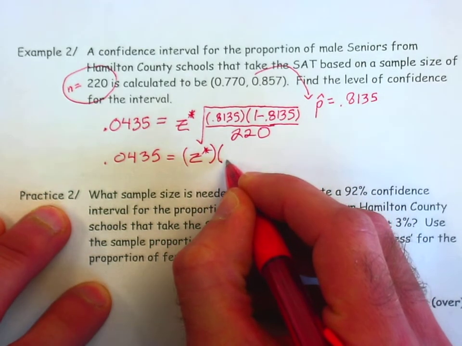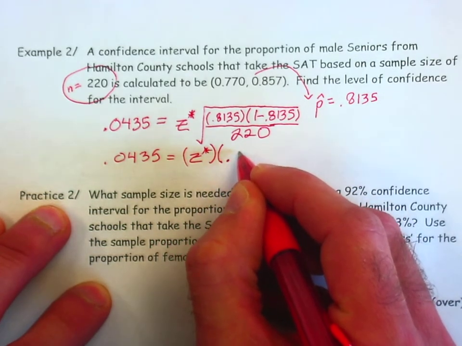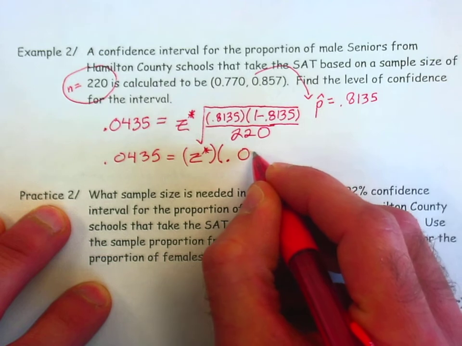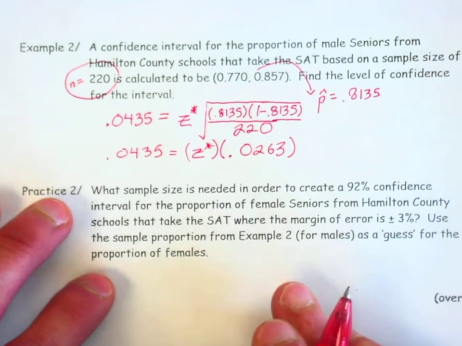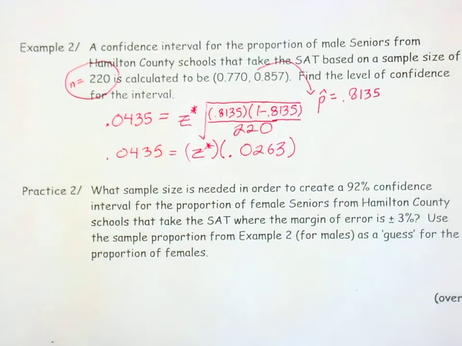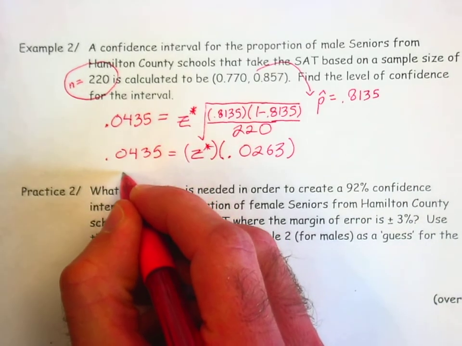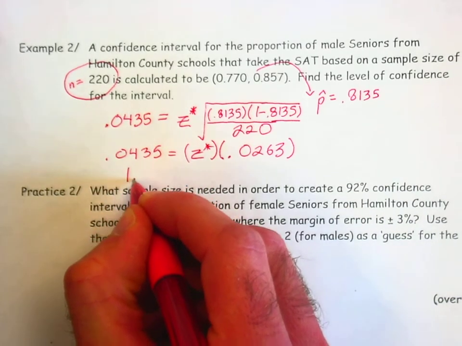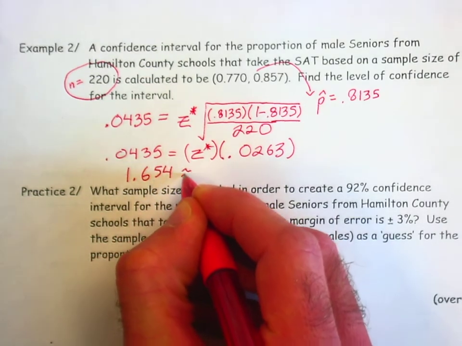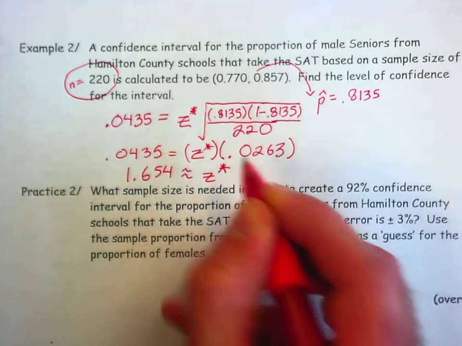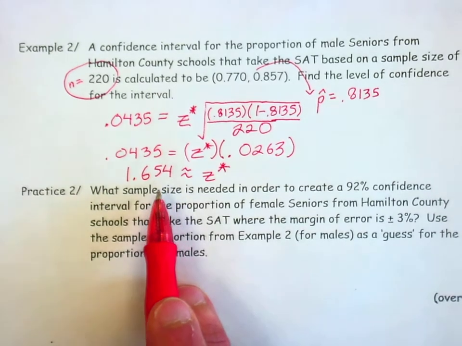And that standard deviation of the statistic, we'll call it 0.0263, is approximately what that rounds to. So a little simple solving there. 0.0435 divided by the 0.0263. Here we go. So that turns out to be about 1.654-ish. That's z star.